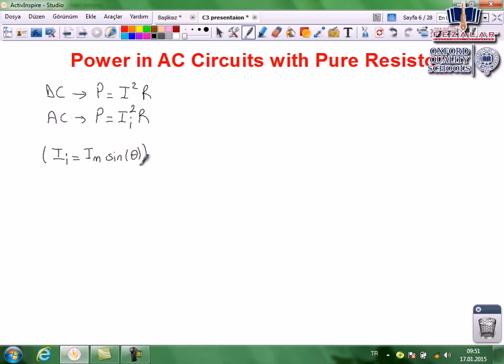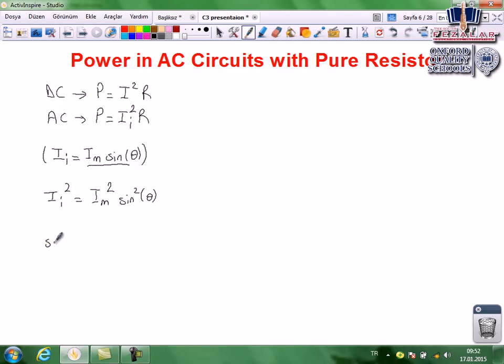Let's place this value in the formula above. So I instantaneous squared equals I maximum squared sine squared theta.